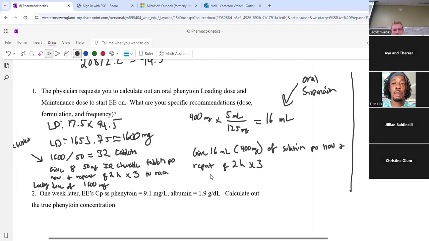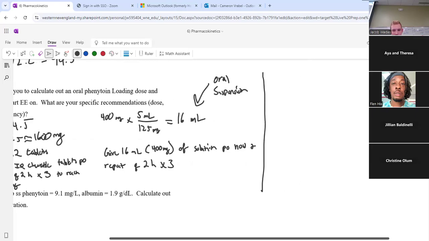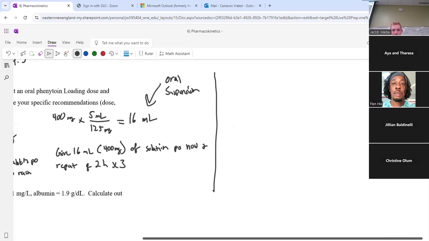All right, so now for the loading dose for phenytoin, you have to be between 5 and 7, I believe. Maintenance dose, right? Yep, maintenance dose, so it's between 5 to 7 mg per kg per day, so just use 6, right in the middle.